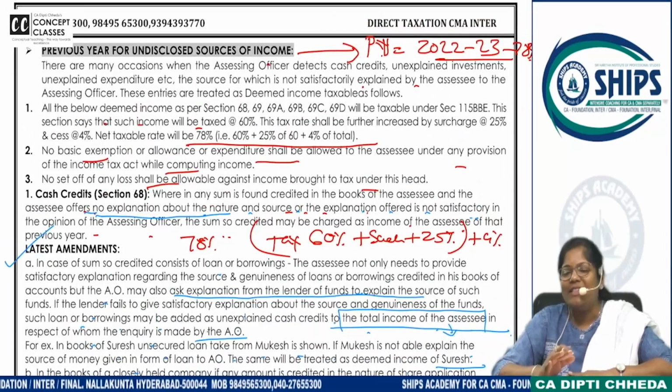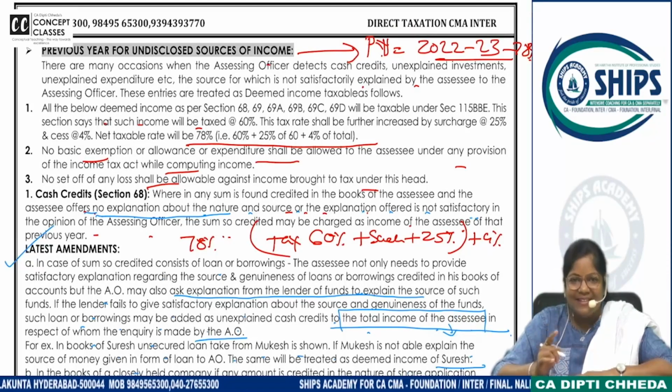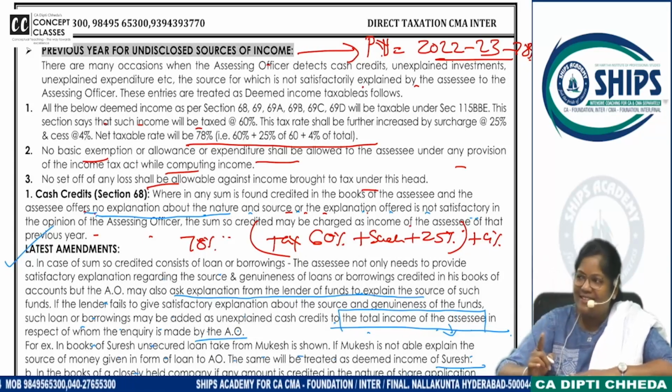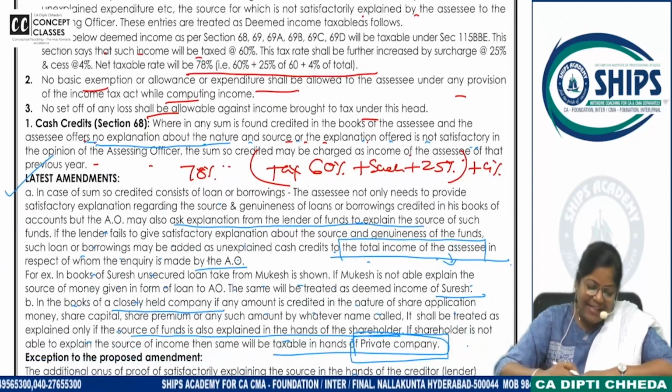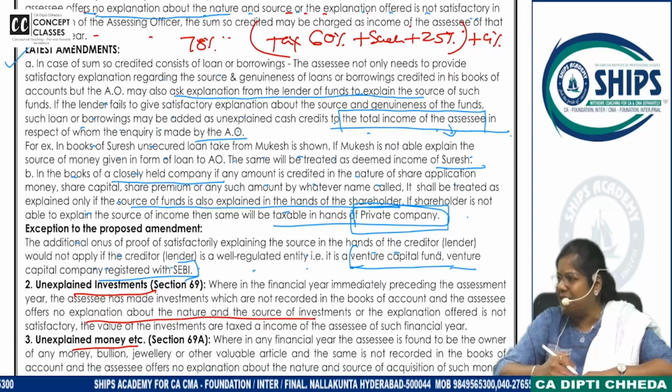All undisclosed income is taxable at what rate? 78%. How do you get it? 60% plus 25% surcharge plus 4% cess. In that, cash credit, we have discussed two amendments in the last class only.